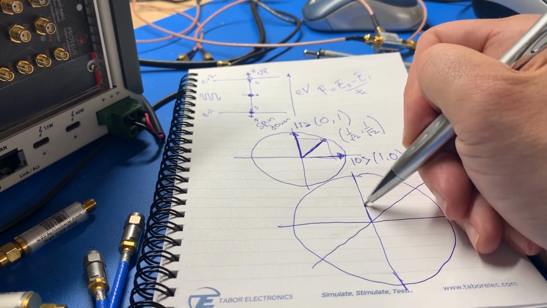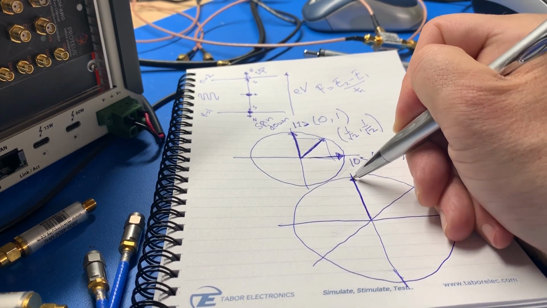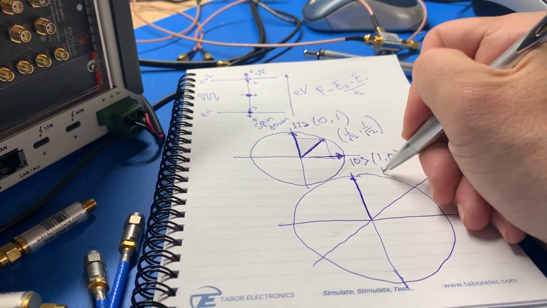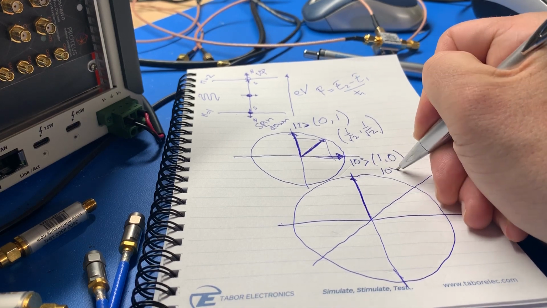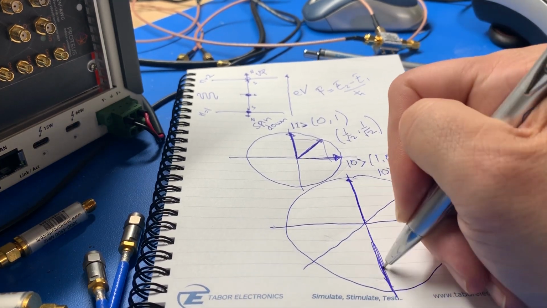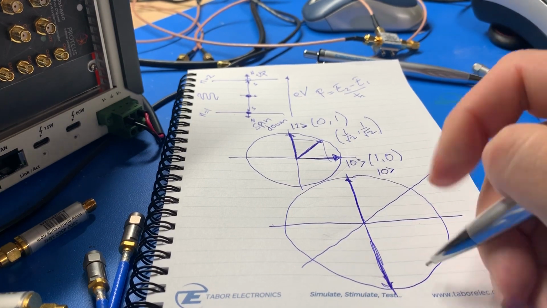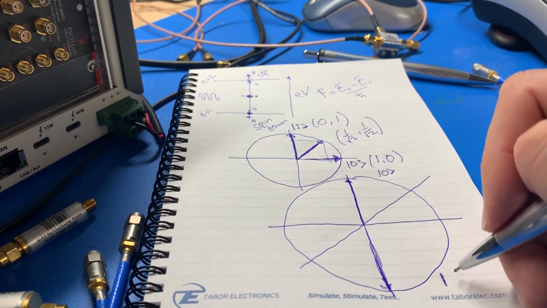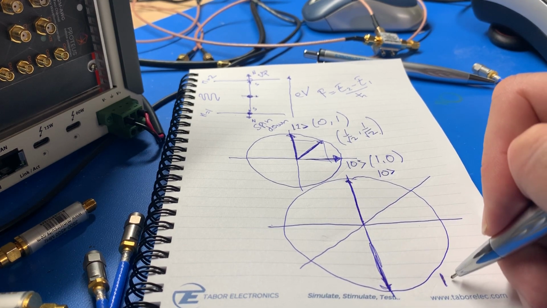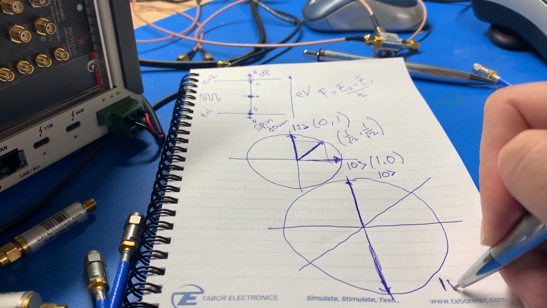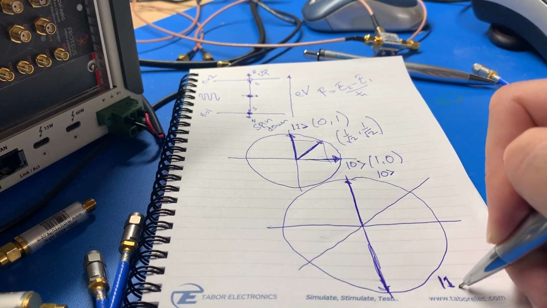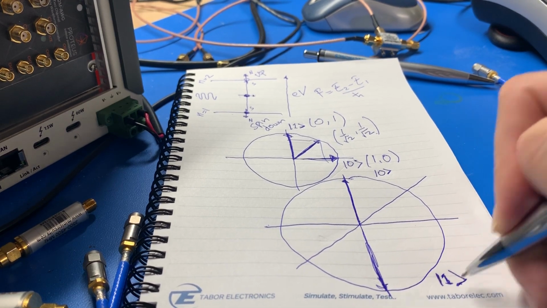And so we define the basis state here of a spin down as a vertical vector, and a spin up also as a vertical vector, but facing downwards, and we call that the one state, like that.